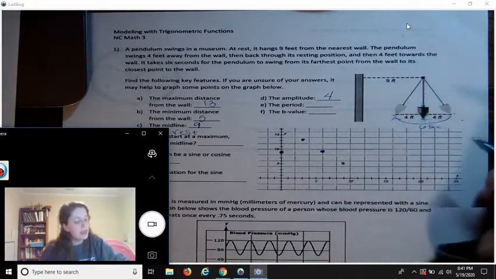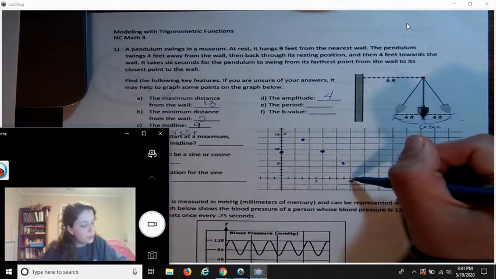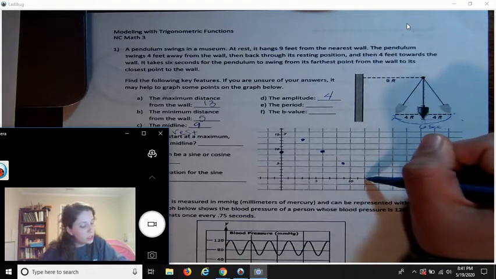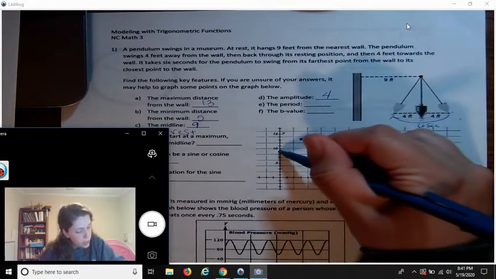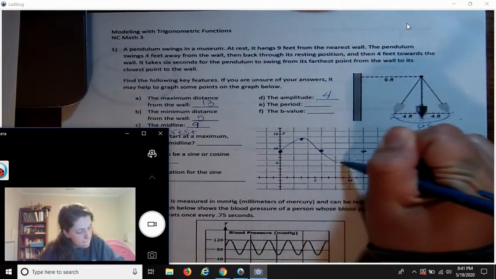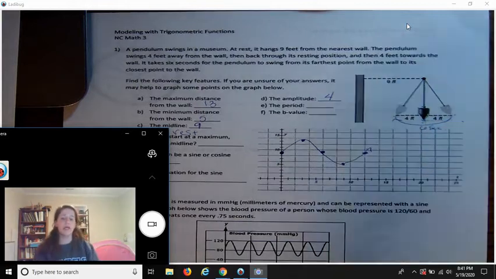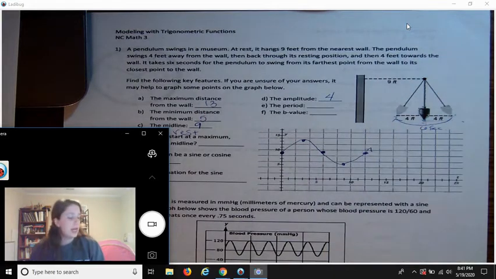Then 3 more seconds away, 1, 2, 3 should put me at this midline again right here. So I'm going to go ahead and draw in that. Okay. So that is my first little cycle of my pendulum.